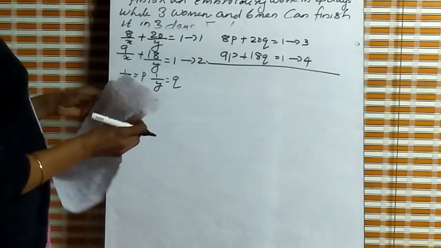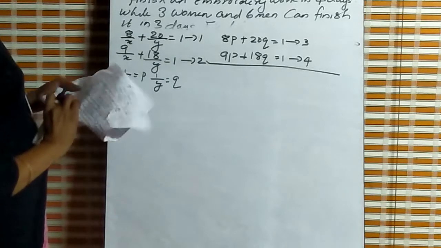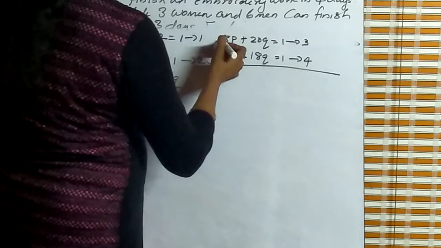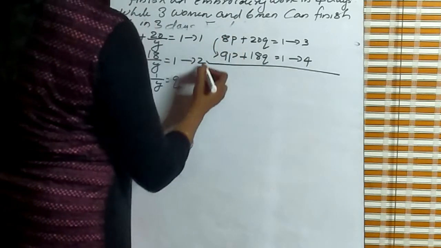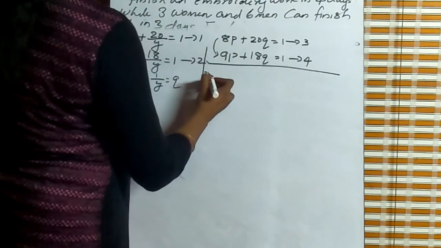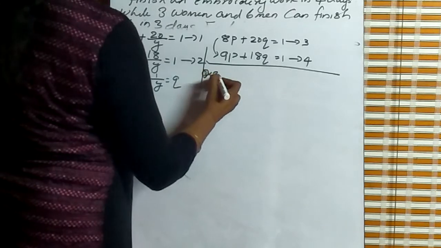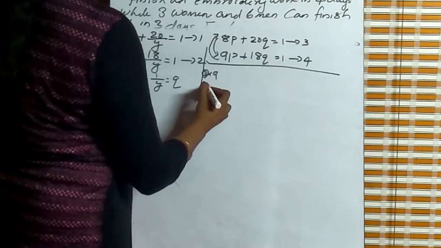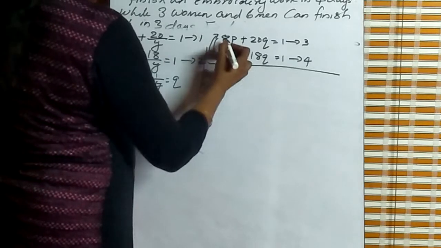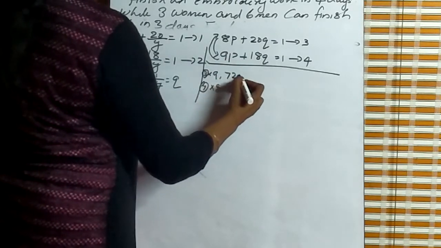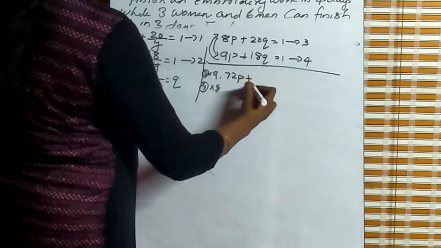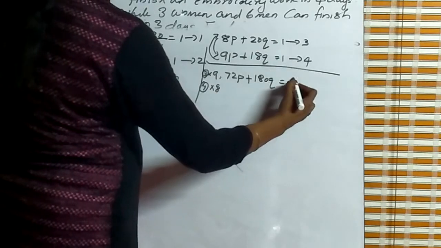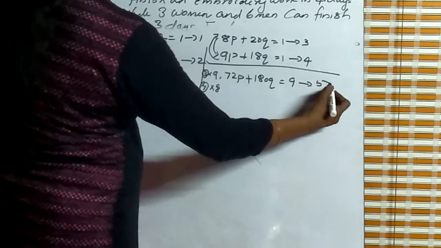8p plus 20q is equal to 1. Second, 9p plus 18q is equal to 1. Multiply equation 3 by 9 and equation 4 by 8. 8 into 9, 72p plus 20 into 9, 180q is equal to 9. This is equation 5.